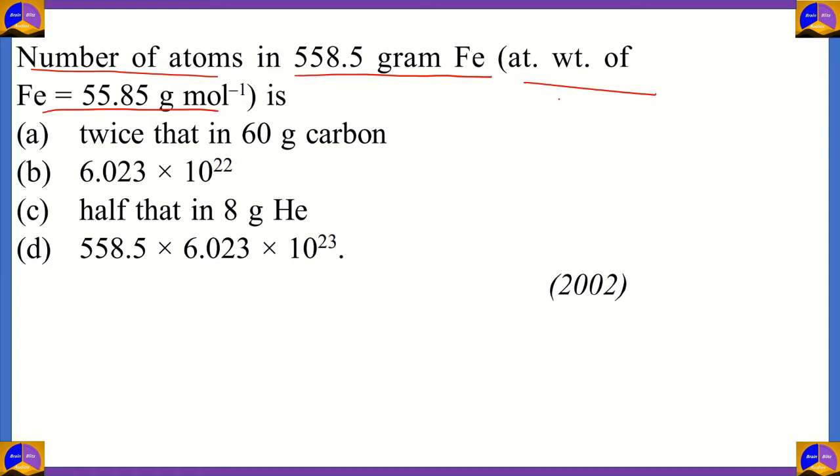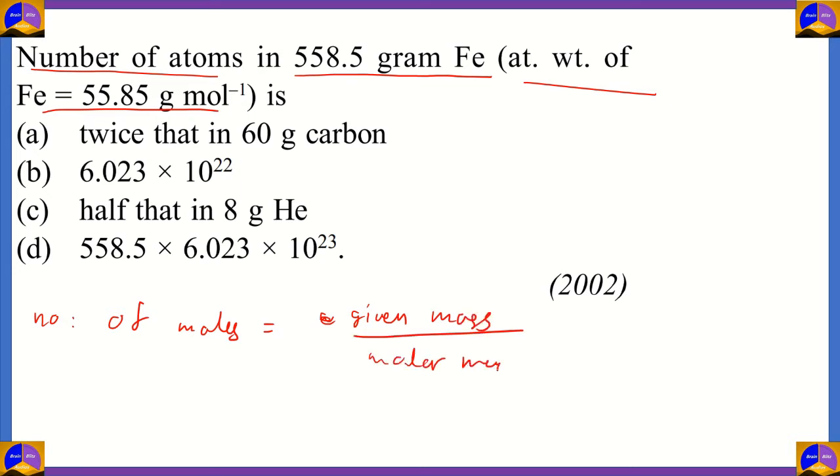The first thing to do is to calculate the number of moles in 558.5 grams of iron. So basically the formula is number of moles equals given mass divided by molar mass. In this case, the given mass is 558.5, molar mass is 55.85. You can see that they're the same quantity except that the numerator is multiplied by 10.